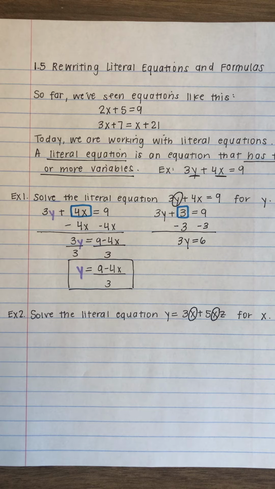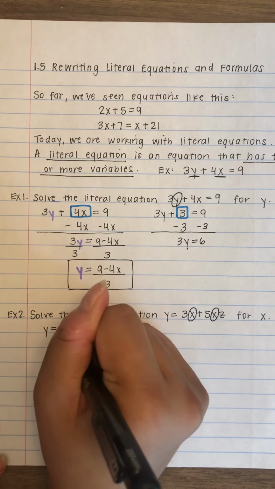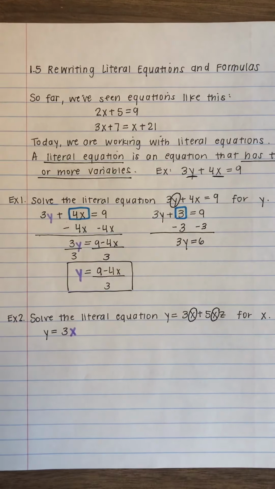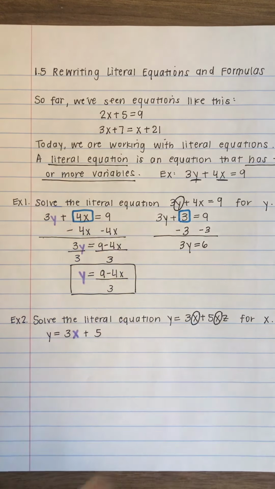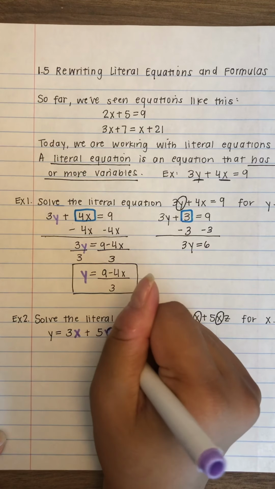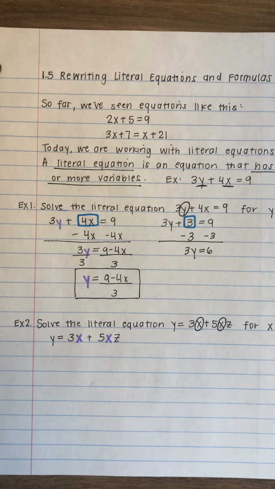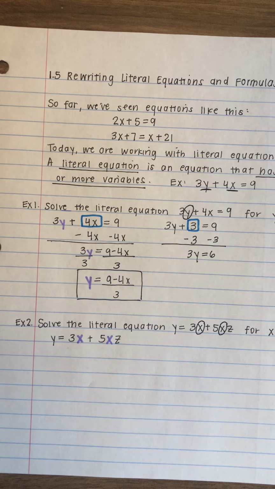What I'm going to do is I'm going to go ahead and rewrite this equation, and I'm going to write our variable that we're solving for in a different color so it stands out to me. So 3x plus 5xz. Now I want you guys to notice how our first term and our second term both have an x, almost as if they share the same x.